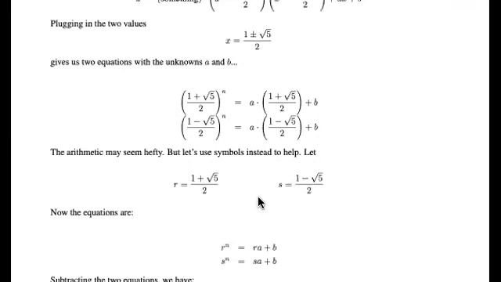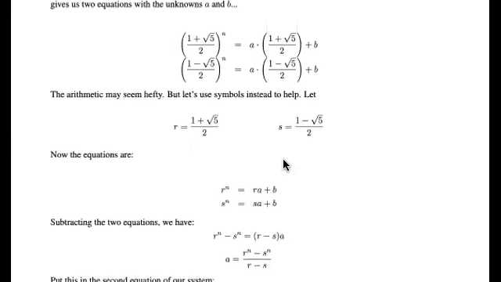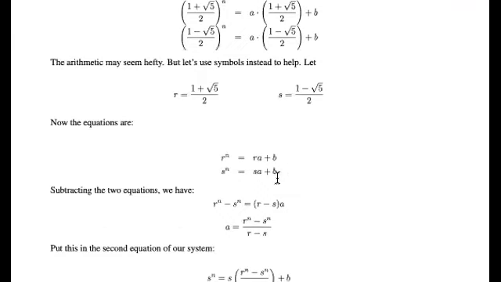So here, to help us with the arithmetic, I'm going to let R be equal to that and S be equal to that, and just think about things in terms of symbols. The equations just turn out to be that. So let's subtract. In subtracting the two equations, because the b's go away, we just get this.